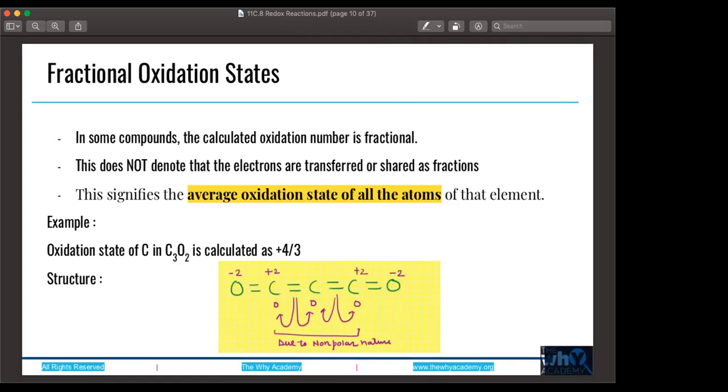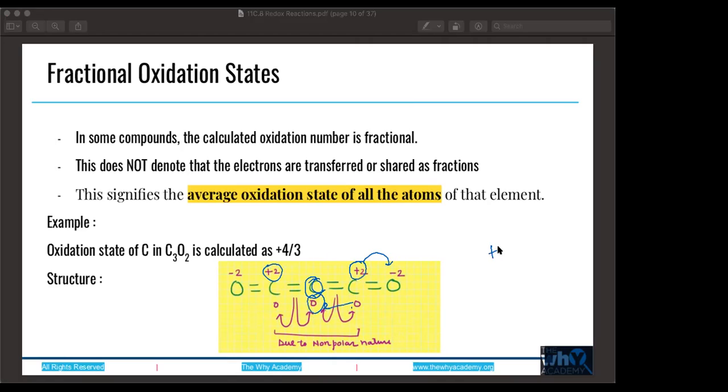And you can see that the central carbon here is completely 0 because it's bonded to 2 other carbons. There's no pull of electrons or push of electrons here. And same with the third carbon, it's +2 with respect to oxygen, but 0 with respect to the other carbon it's bonded to. So overall, of the 3 carbons, this is showing +2, this is showing +2, this is showing 0.